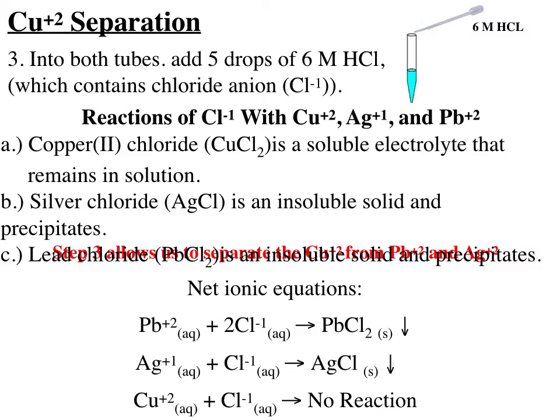We call this gravitational pull of the denser material through the less dense material a precipitation, just like rain is a precipitation of water through the less dense air medium. So I'm going to precipitate solid silver chloride and solid lead chloride out of the aqueous solution of lead cations and silver cations.